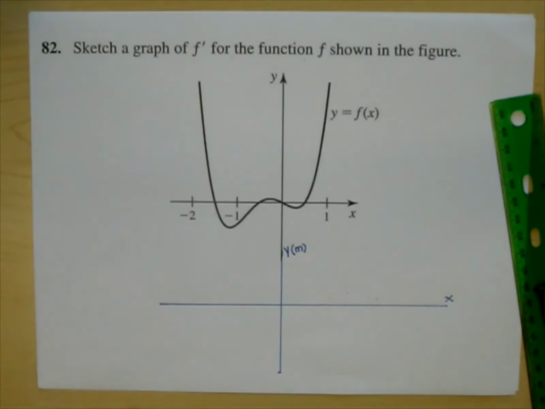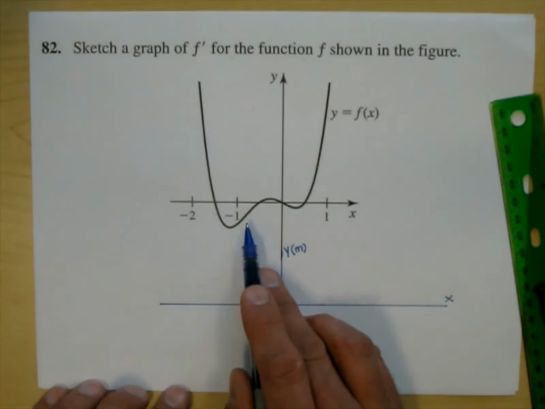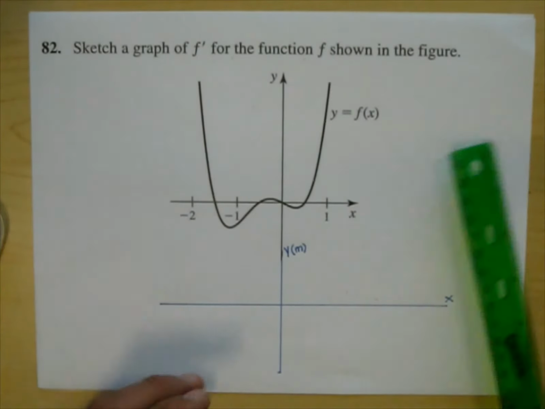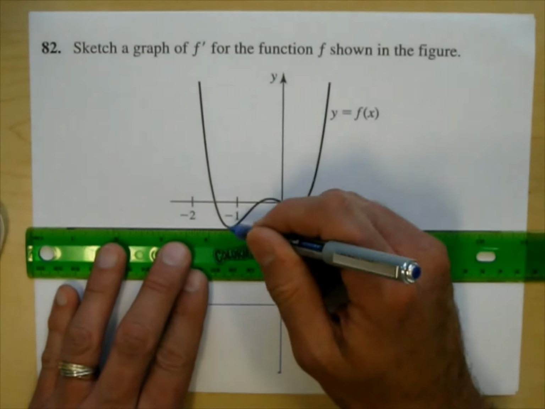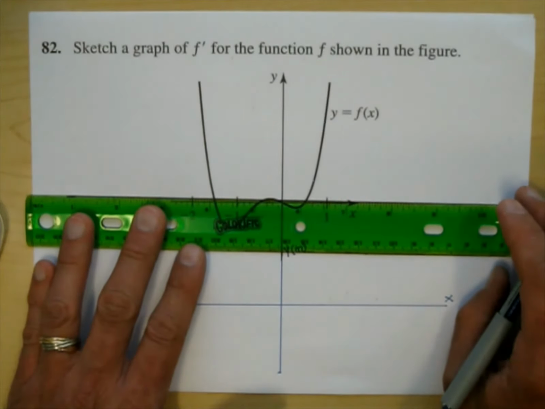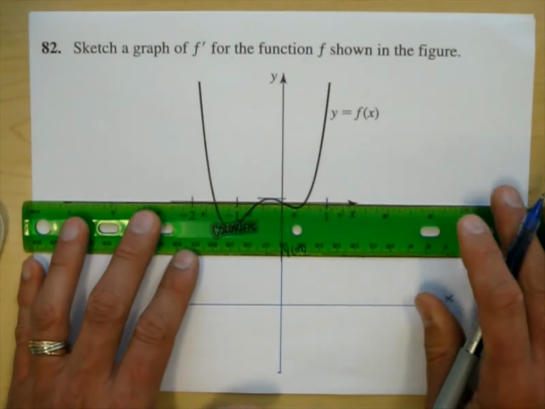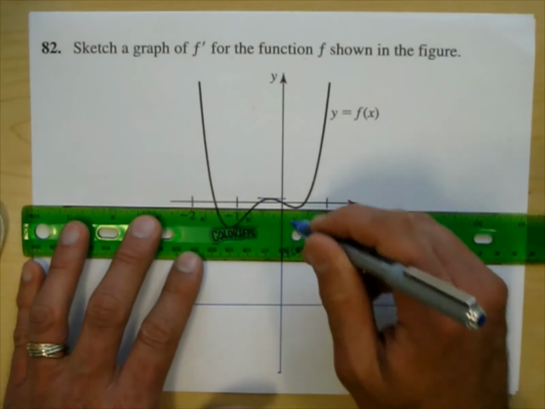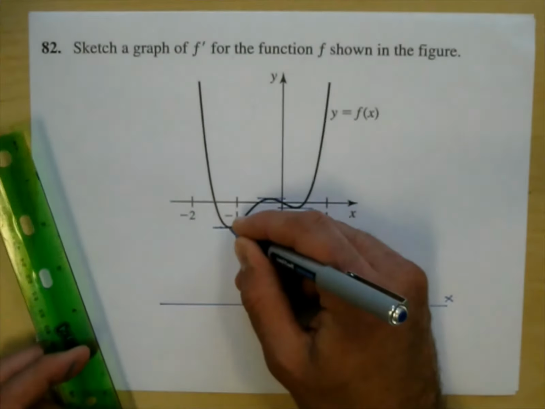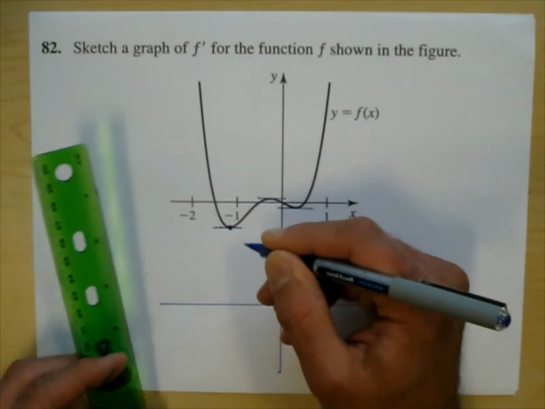Okay, my first question is, where is the slope 0 on this graph? The slope is 0 at the bottom of valleys. So here's where the slope is 0. And the top of hills. So the slope is 0 right here. And the slope is 0 right there. So now, wherever I hit those points, that's where the slope is 0.